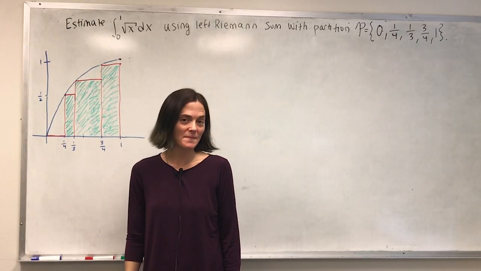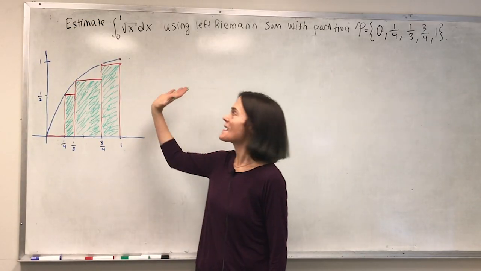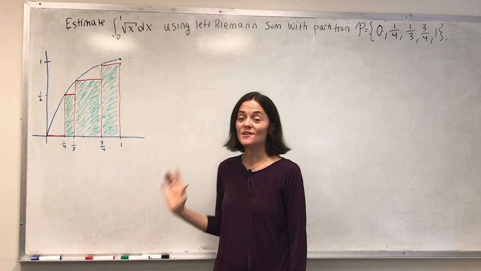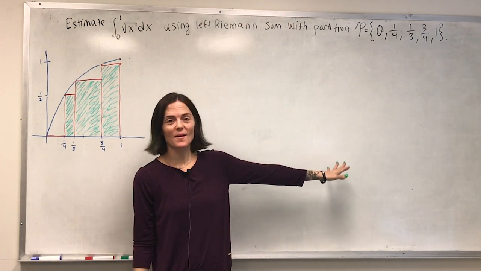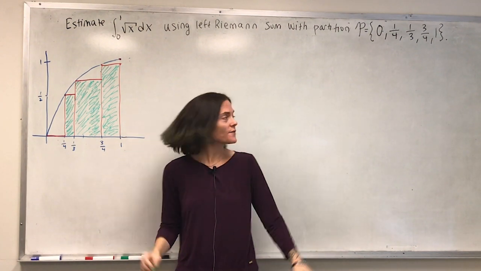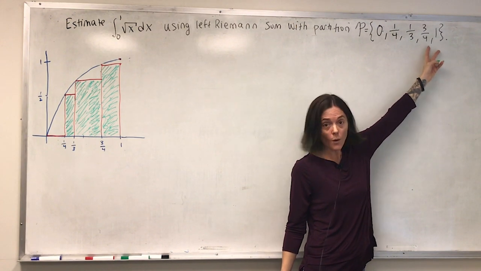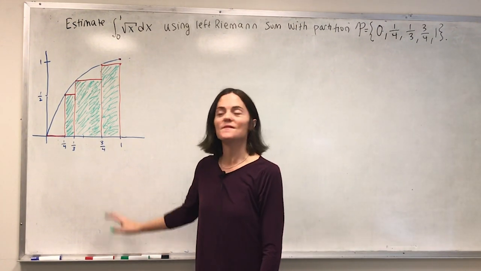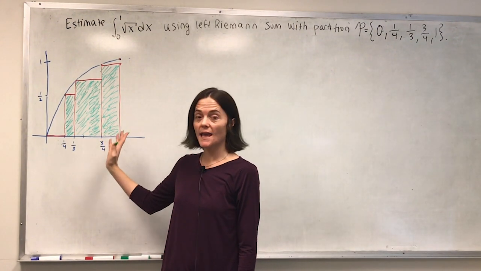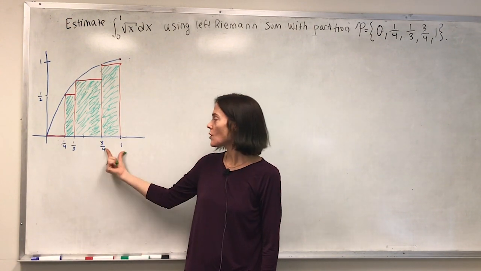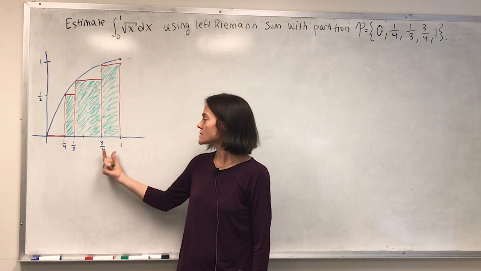Here is another Riemann sum. We want to estimate this definite integral using a left Riemann sum with the following partition. Okay, now if you see here, this is 1, 2, 3, 4 subintervals, and I have sketched them here, including the rectangles. You will notice with this example, we do not have equal length subintervals.